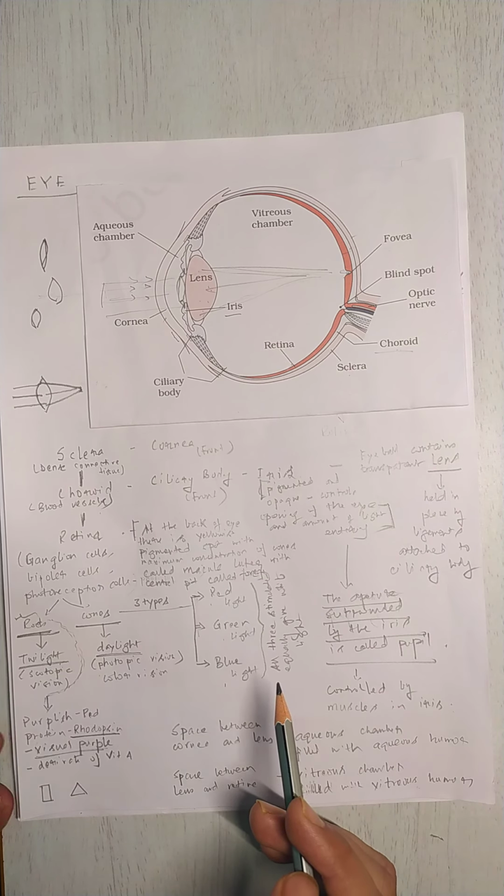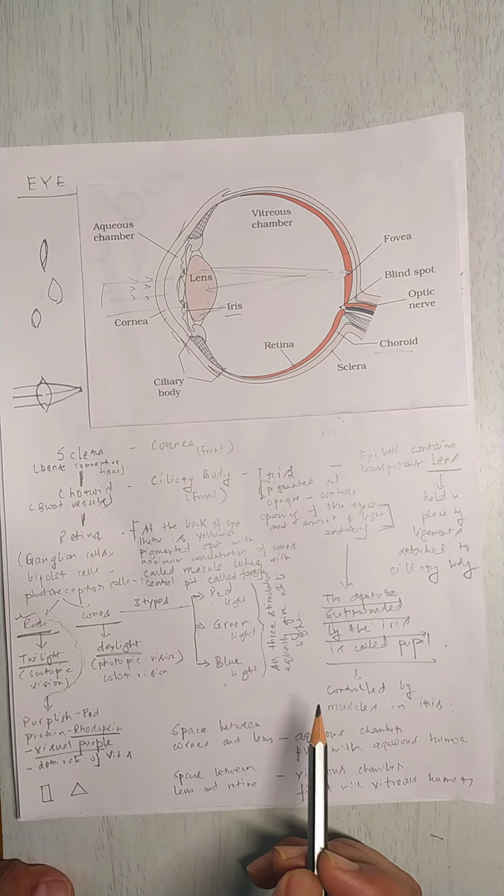The lights in the rainbow, if they are combined together, form white light. Similarly, light is detected in a similar manner inside the eye by the cone cells, which have different pigments for red, green, and blue light. When all the different pigments are stimulated together, you have the sense of white light.